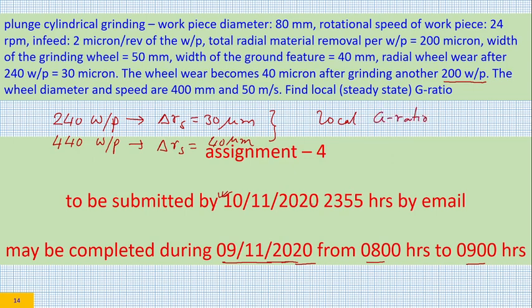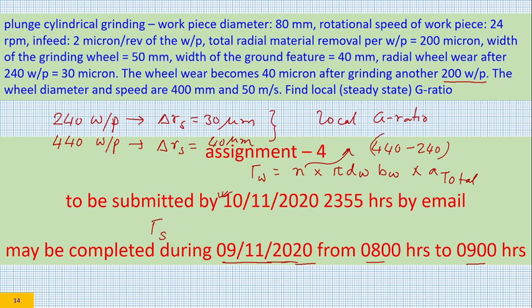What we have done in the previous one, we have done gamma W equal to n into pi dw bw into a total. Now this n would be 440 minus 240.